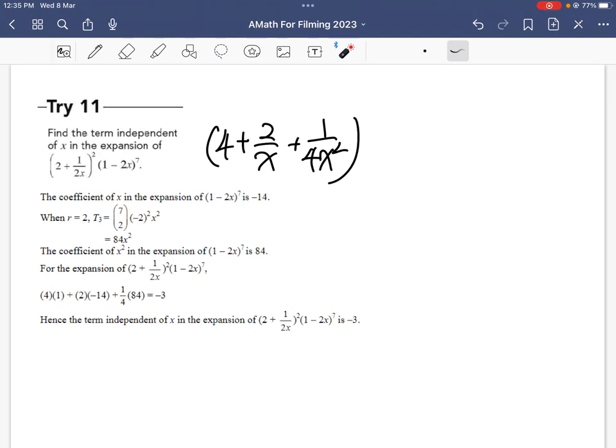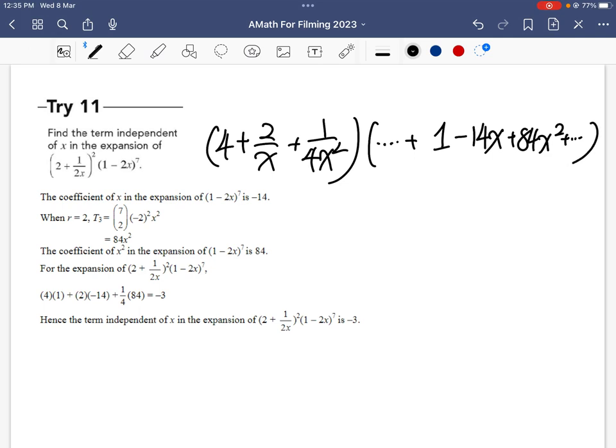So for the other bracket, what we have is dot dot dot plus, using the r values we have found, a 1, then a negative 14x, and we also have 84x squared, like this.